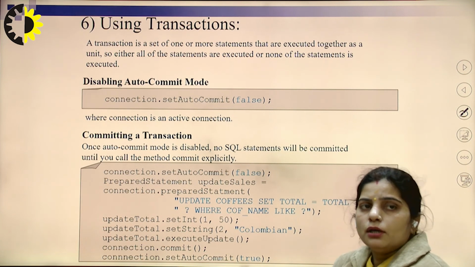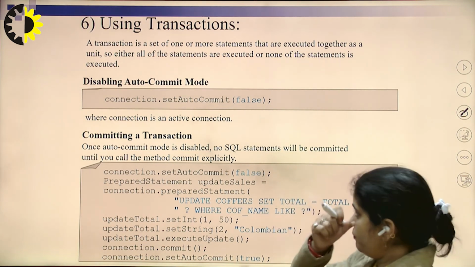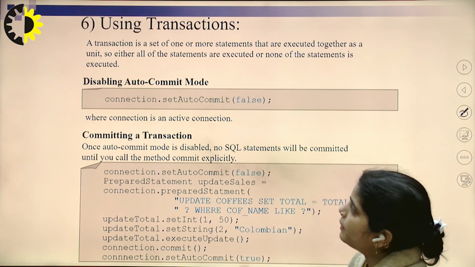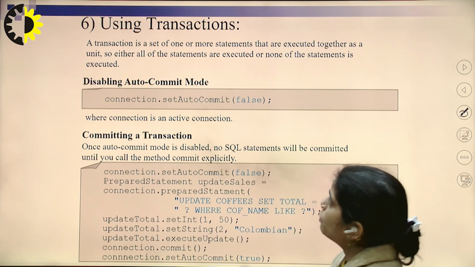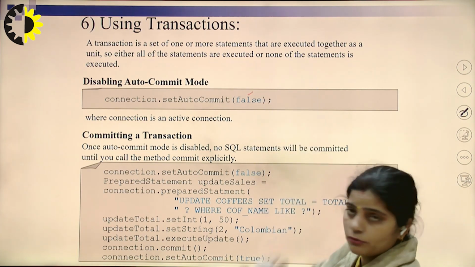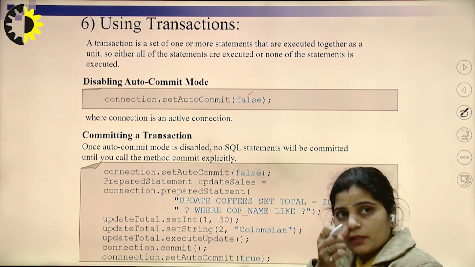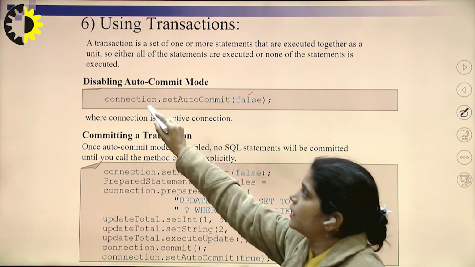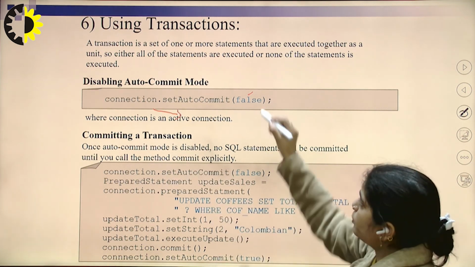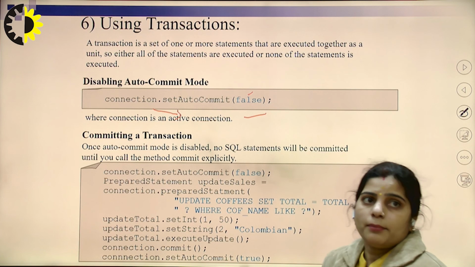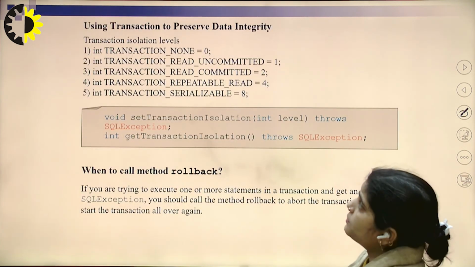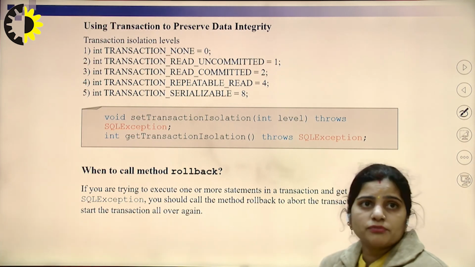One of the basic things is that you have to disable the auto-commit mode. So connection.setAutoCommit, if you pass the value false within the parentheses, where connection is an active connection, the auto-commit mode is disabled. Next, there are some transaction levels which show how to preserve data integrity.